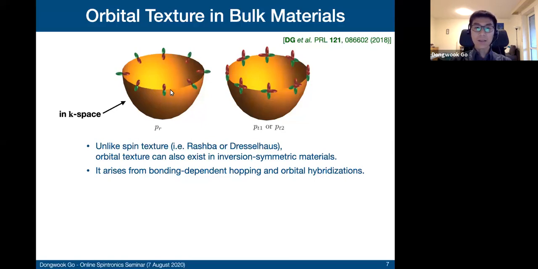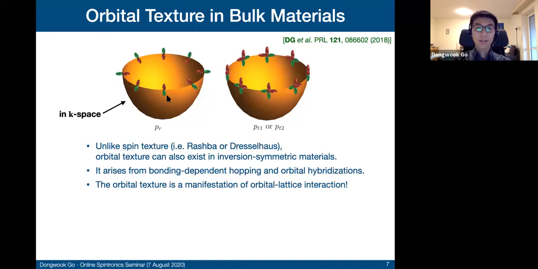On the other hand, for states moving in the y direction, they tend to have py orbital. And this is due to the direction of the bonding in real space. So orbital texture is then nothing but a manifestation of orbital-lattice interaction.